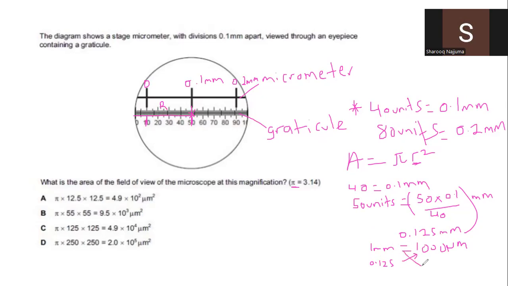We are going to cross multiply, which is going to be 0.125 times 1,000. So when you do that, our answer is going to be 125 micrometers. So this is our radius. That is our radius.